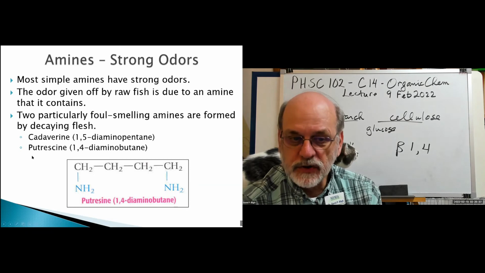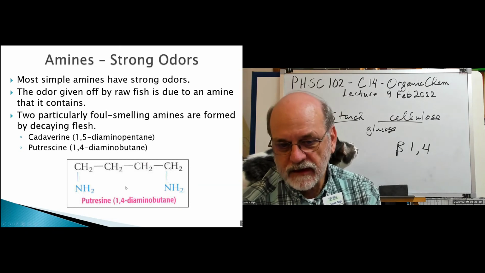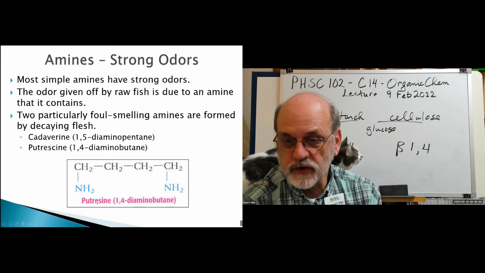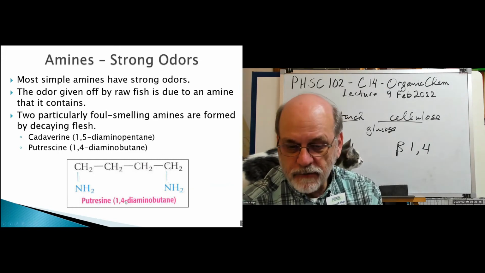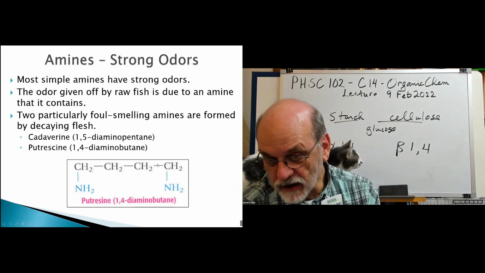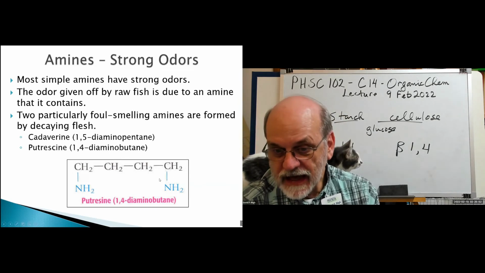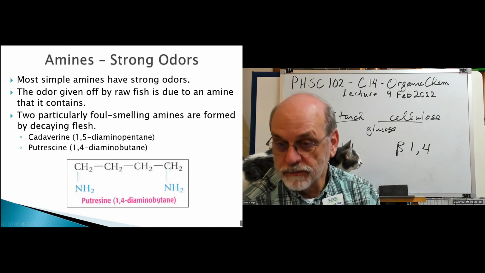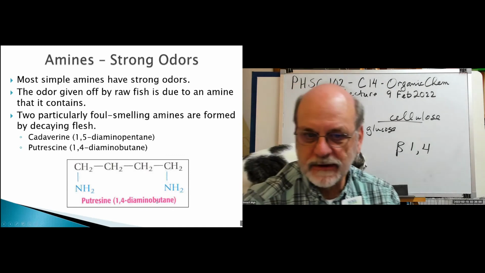Cadaverine is one. Putrescine is another. This is putrescine, which is a common name, a trivial name, we say. But if we give it the systematic name, it starts with butane here, 4 carbons, and then 2 amine groups. So 1,4-diaminobutane is the proper name.